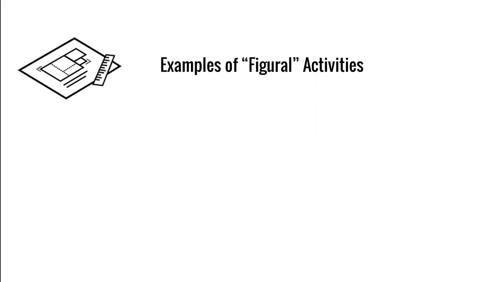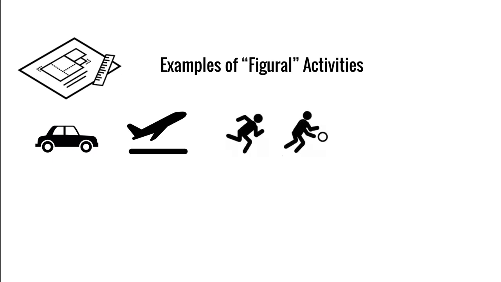Let's talk about examples of figural activities. This is a big one because it's really anything where your body is moving through space or thinking about the spatial orientation of other things. So for example, if you drive a car, or if you know how to fly a plane or drive a boat, those are both figural activities. But so is doing any kind of sport where you move your body.